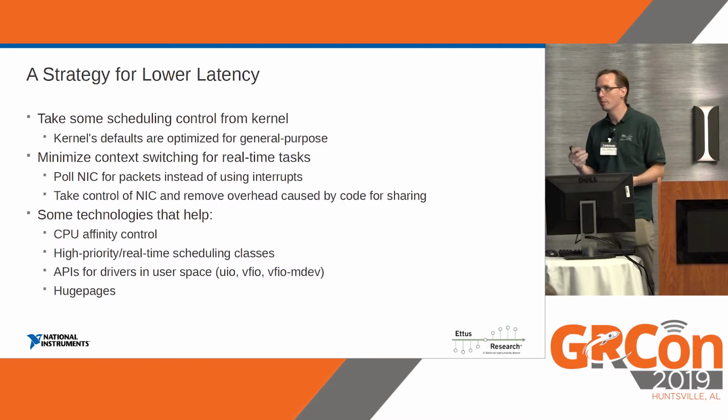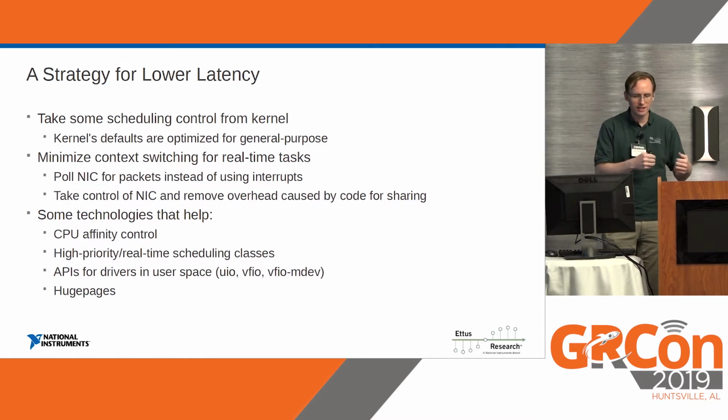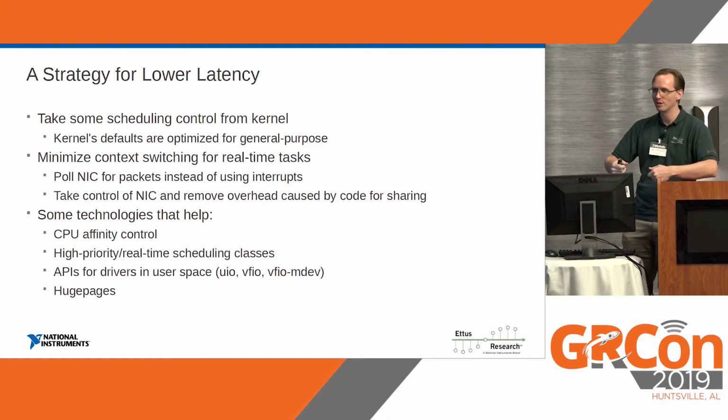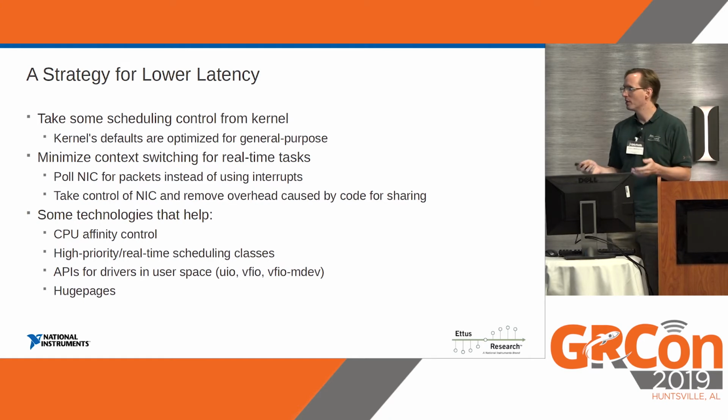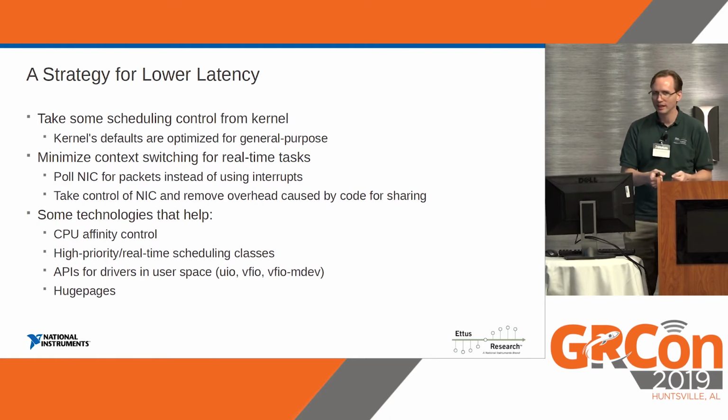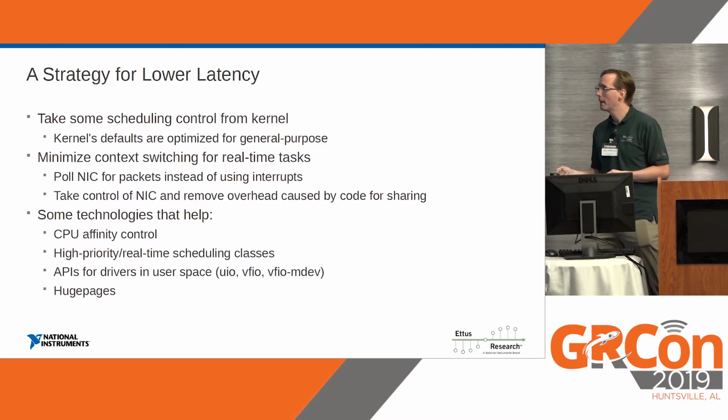A strategy that we might have: we have all this context switching happening because we're doing NIC transactions and it needs to go into BSD sockets and into the kernel driver and share it all. Maybe we don't need to do that. Maybe we can take control of the NIC and just control it from our application in user space.